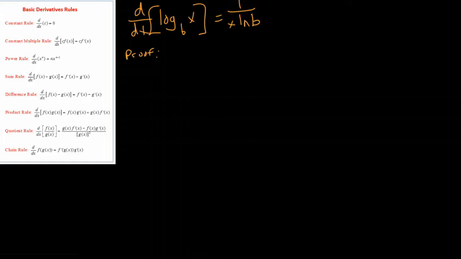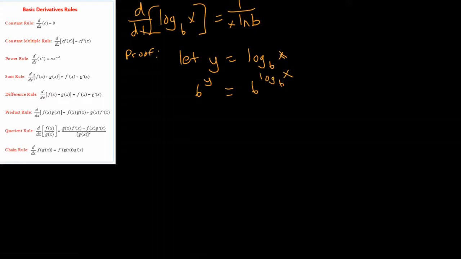A good thing to start with is we can let y equal log b of x. Okay? Now, according to the laws of logarithms, I could set b to the y, b raised to the left side, and b raised to the right side.